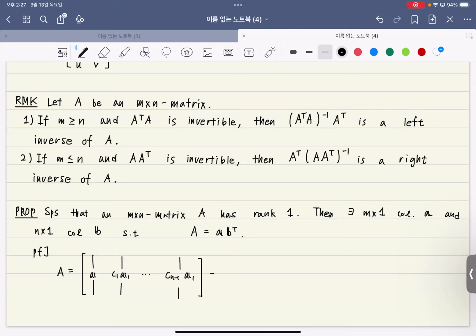Therefore, this can be written as A times 1, C2, and so on. So this matrix can be written as this column times this row. And I'll just say this is my B transpose. Then the claim has been proved.